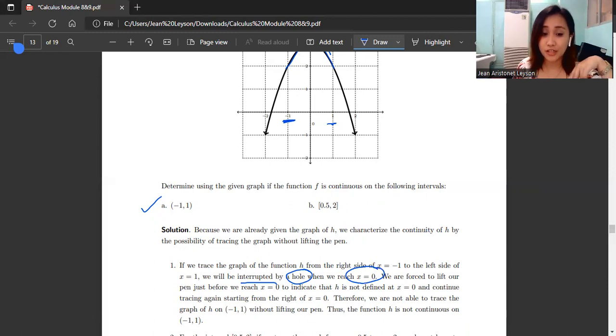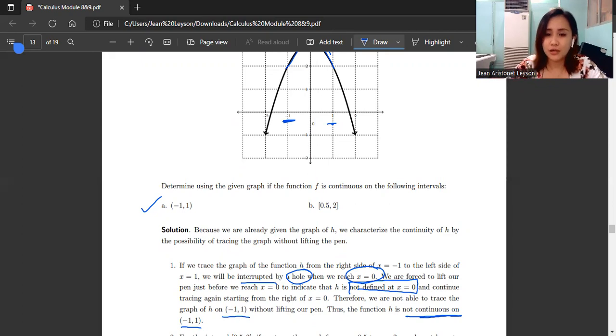So we are forced to lift our pen just before we reach x is equal to 0 to indicate that h is not defined at x is equal to 0, and continue tracing again starting from the right of x is equal to 0. Therefore, we are not able to trace the graph of h on -1 to 1 without lifting our pen. Thus, the function is not continuous on -1 to 1, of course.